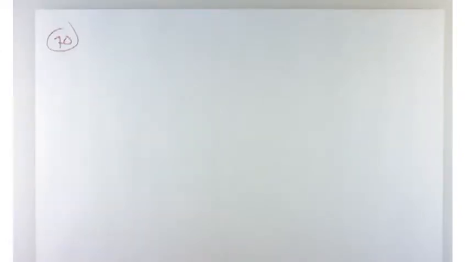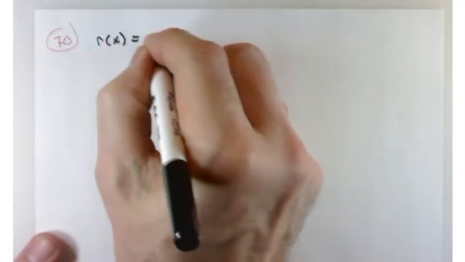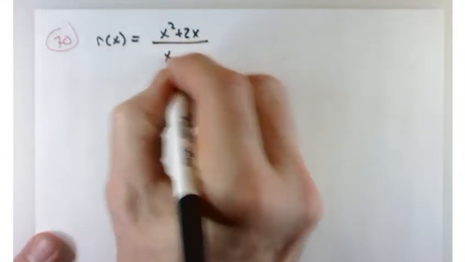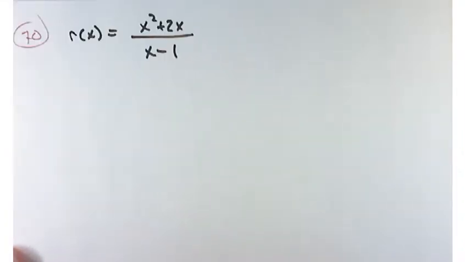So problem number 70. R of x is x squared plus 2x over x minus 1. Same kind of game. We'll start off by trying to find the X and Y-intercepts, and then the vertical asymptote, and then whatever else from there.